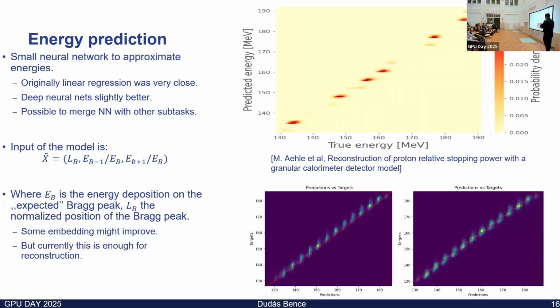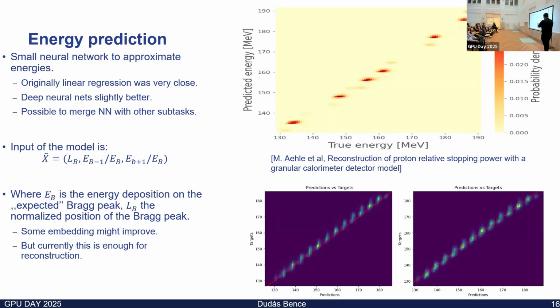As I said, the dimensionality for this is not big. We only use the positions of the detector layers normalized between 0 and 1, and also the energies in the detector layers next to the expected Bragg peak divided by the energy at the Bragg peak itself.